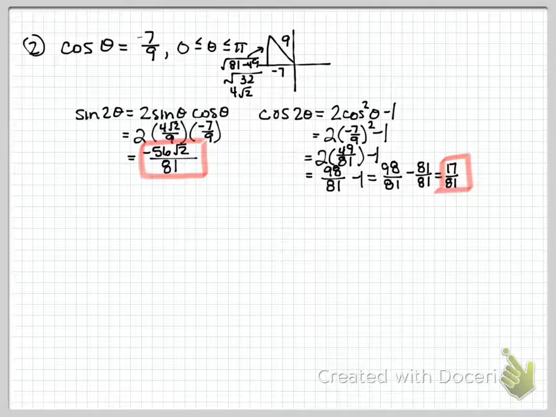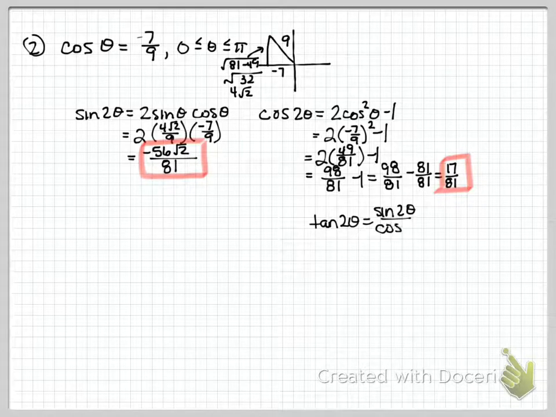Now let's do our tangent. Again, the same thing: the tangent of 2 theta would just be my sine of 2 theta over the cosine of 2 theta. Well, the sine of 2 theta is negative 56 root 2 over 81.